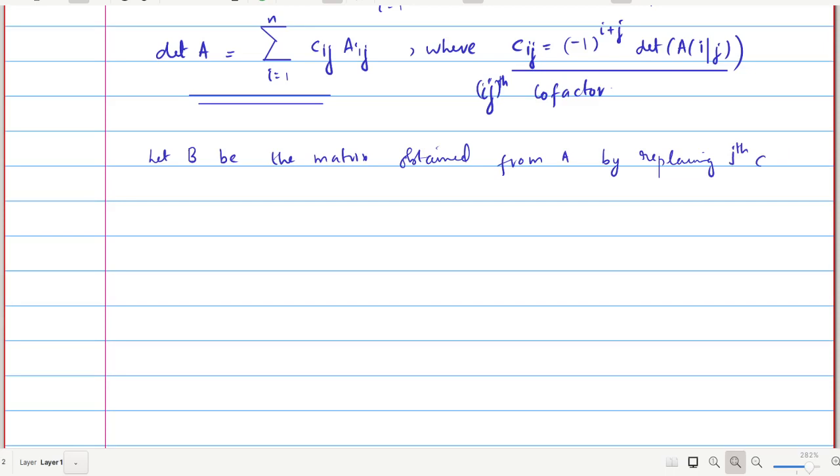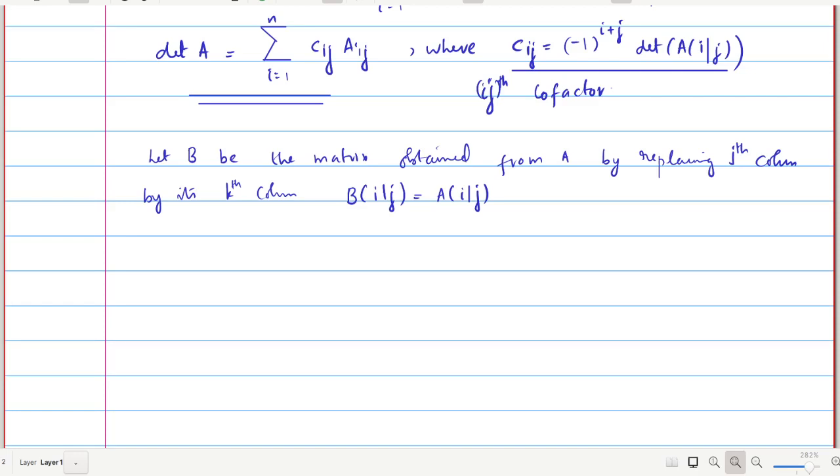Then Bij is the same as Aij, because B and A differ only in the jth column.